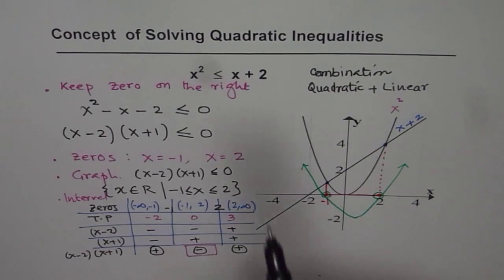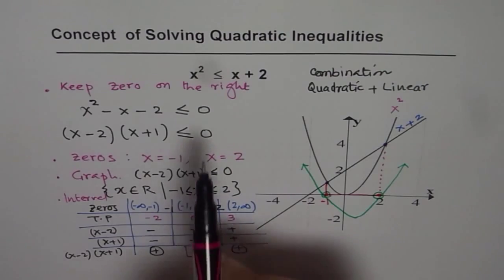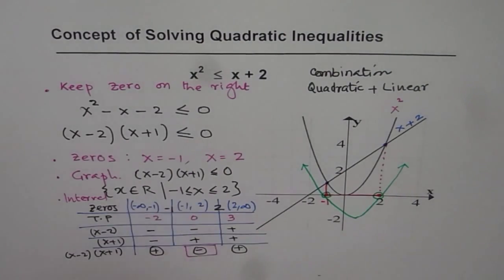The other way is to bring all the terms to the left side so you have one quadratic expression, sketch that parabola, and then figure out the answer after finding the x-intercepts. When you bring everything to one side, the other side becomes 0, and that's the beauty of it. The other side is 0, so you can just compare whether you are positive or negative.